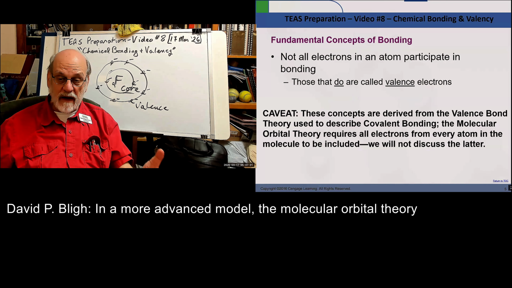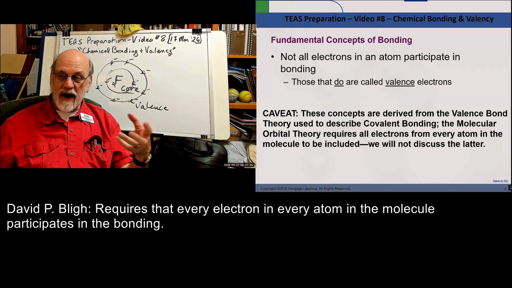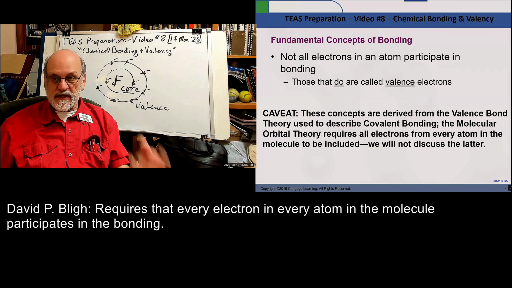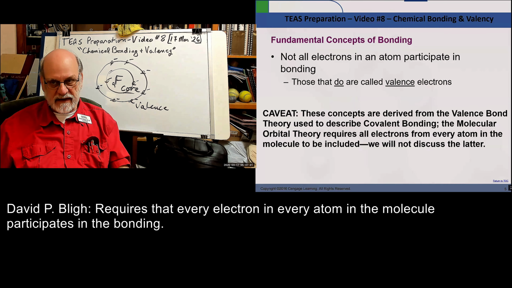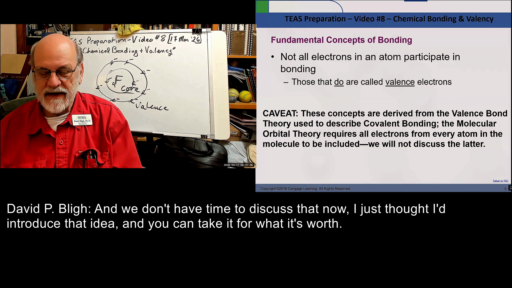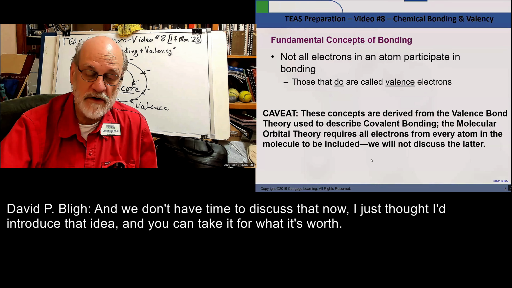In a more advanced model, the molecular orbital theory, every electron in every atom in the molecule participates in the bonding. We don't have time to discuss that now. I just thought I'd introduce that idea, and you can take it for what it's worth.